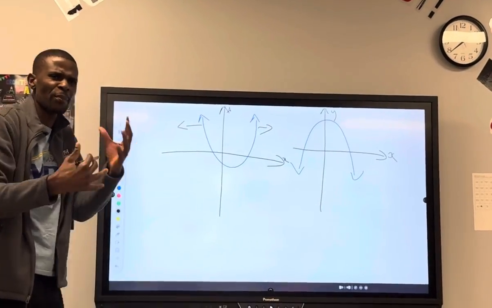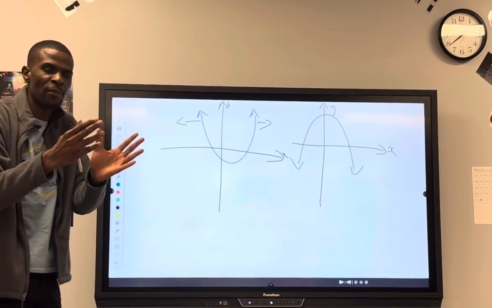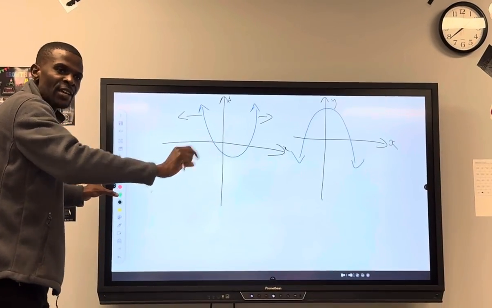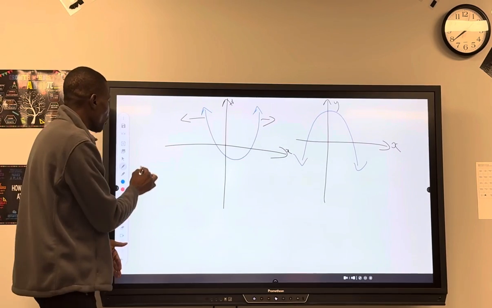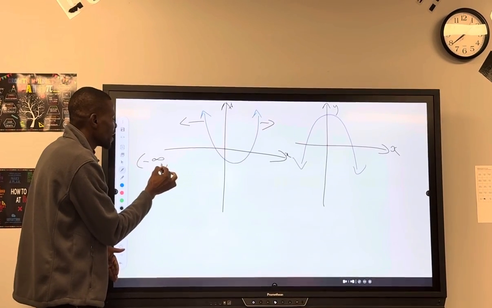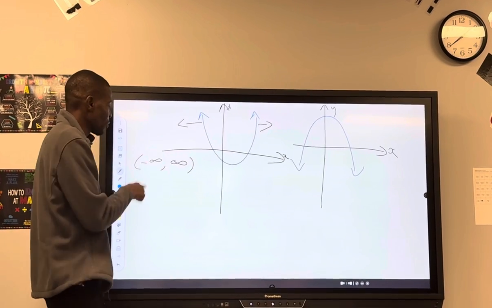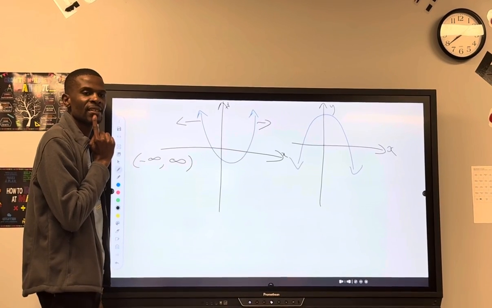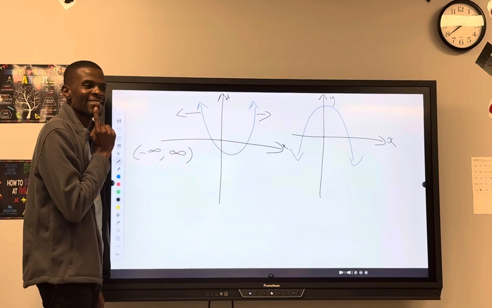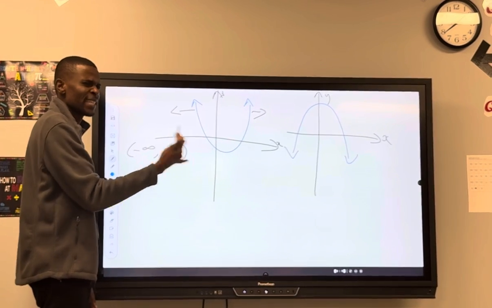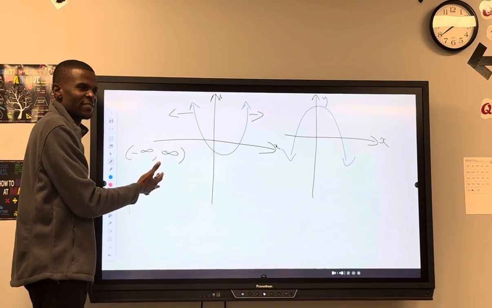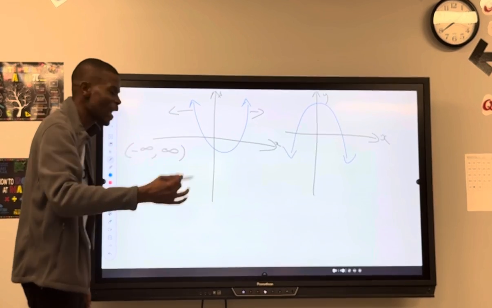When we are talking about domain, remember, we are focusing on x. So for domain, we always want all values from negative infinity to positive infinity. What is another way of expressing this? You can express that in words. All real numbers, good.